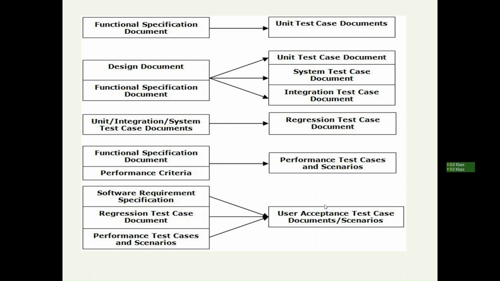When you are doing system test cases, you prepare the regression test case document. When you do functional specification, you will also have the performance criteria and performance test cases. You also prepare user acceptance. So in the V model, you do everything in parallel. That's why defects are more prevented and you work faster.